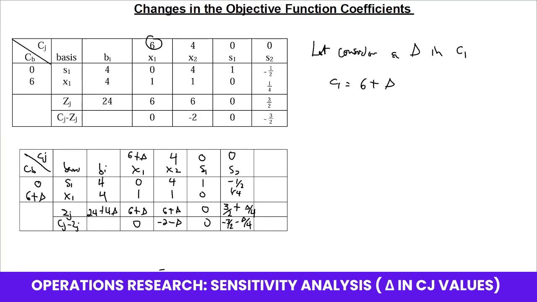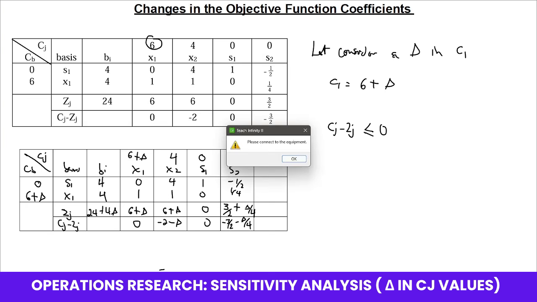Alright, so as I said earlier, for our solution to remain optimal, our cj minus zj values are supposed to be less than or equal to 0. If all the values satisfy this condition, it means that our solution is optimal. So now we are going to take all the values with the change in it.